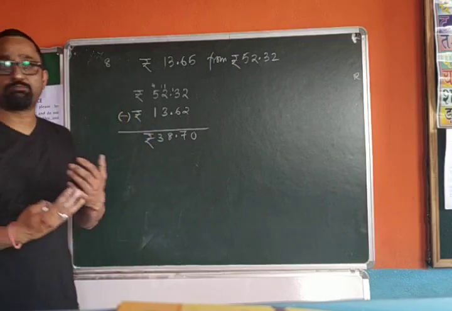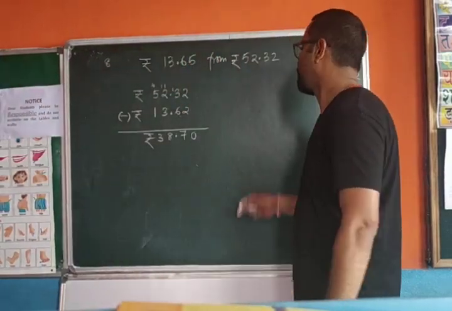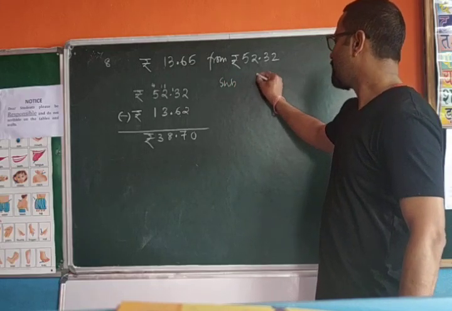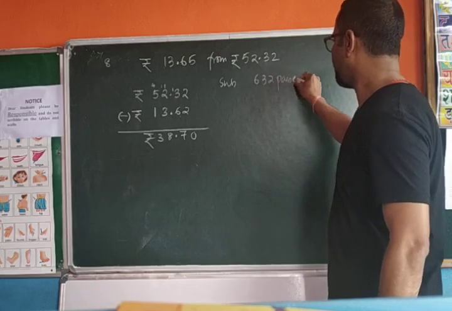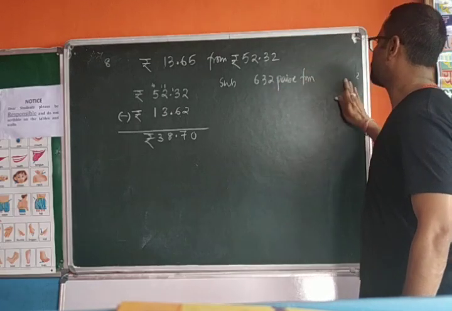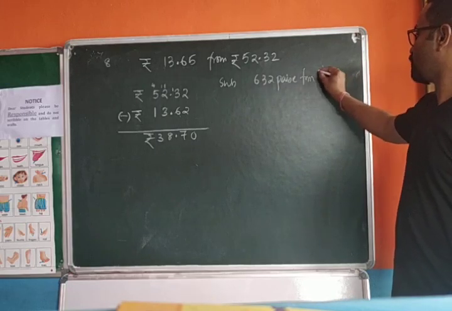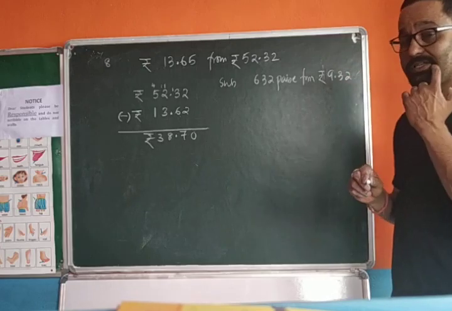Similarly, you may get paise and subtract from rupees. Subtract 632 paise from 9 rupees 9.32. Look at this subtraction.